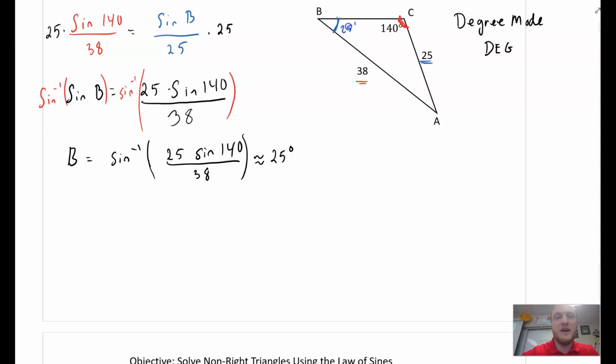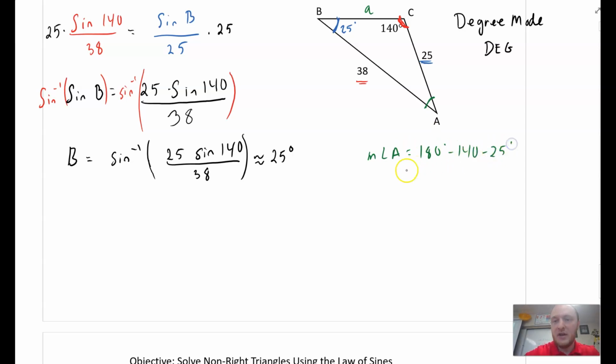Here's 25 degrees. Okay, so all we're missing now is angle A and side little a. Can't I figure out the measurement of angle A by taking 180 degrees and subtracting 140? That leaves me 40 degrees.